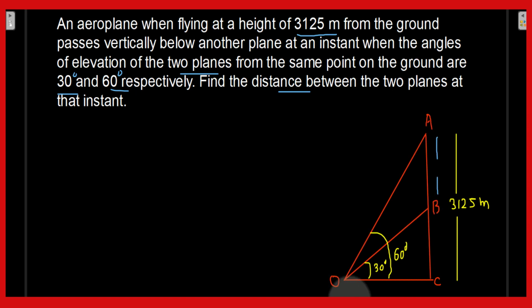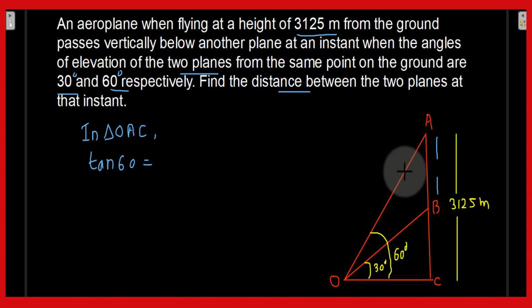Now here in triangle OAC, tan 60 is equal to opposite upon adjacent. So tan of 60 is equal to opposite, which is AB upon BC, and this total is given as 3125, upon the adjacent side OC.